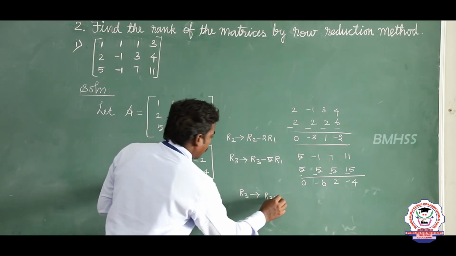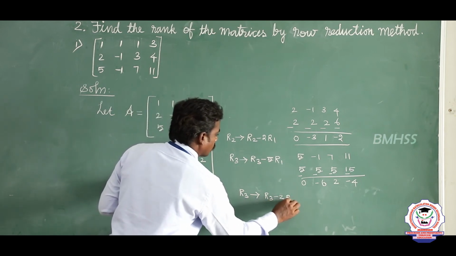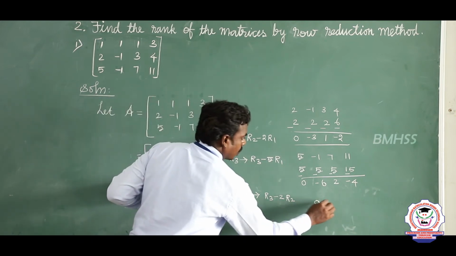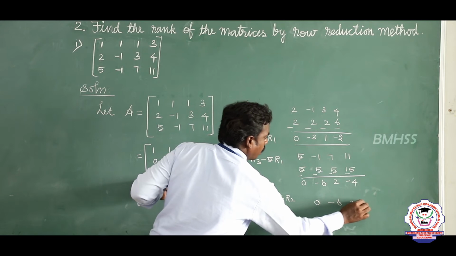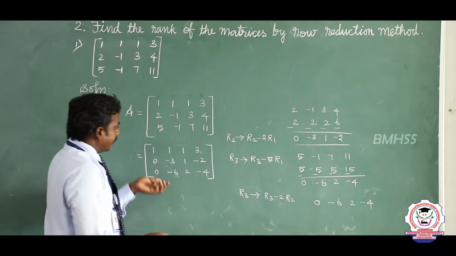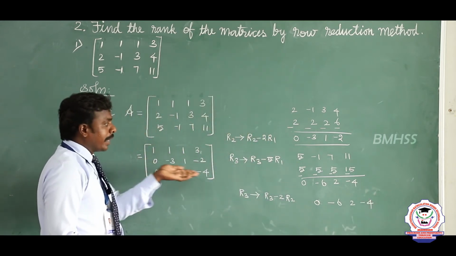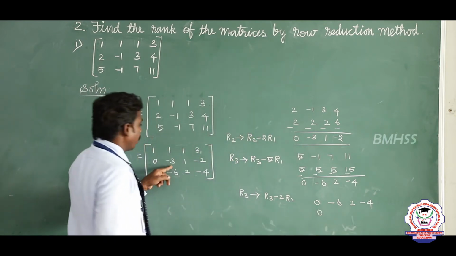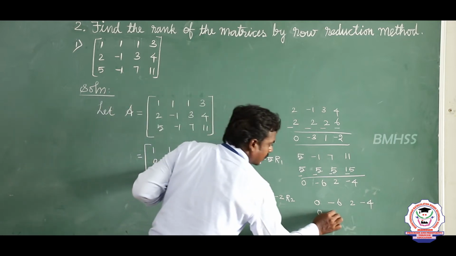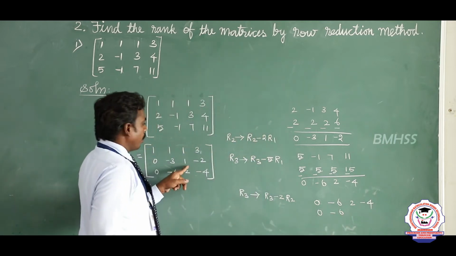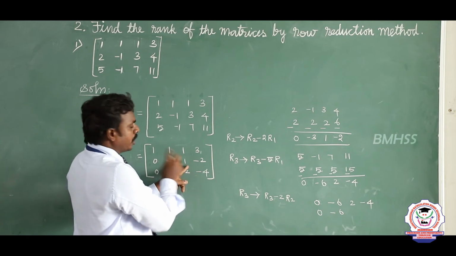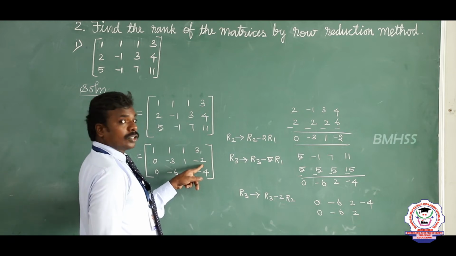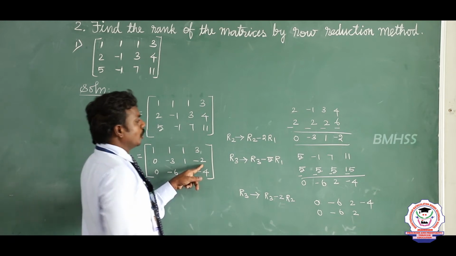So R3 minus 2R2. What are the third row elements? 0, minus 6, 2, minus 4. The second row multiplied by 2: 0 into 2 is 0, minus 3 into 2 is minus 6, 2 into 1 is 2, and 2 into minus 2 is minus 4.